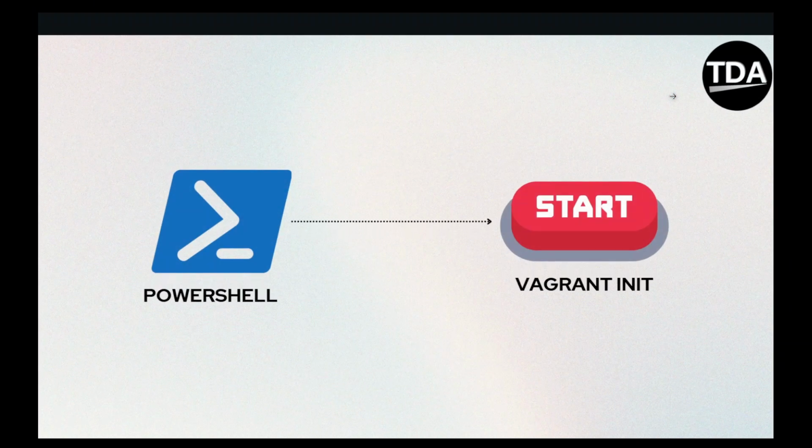Now for creating the virtual machine, we need to initialize Vagrant with the help of Windows PowerShell using the command vagrant init. We first need to make a directory where our virtual machine will be stored. So I'll create a directory on my desktop with any name, like the DB admin.